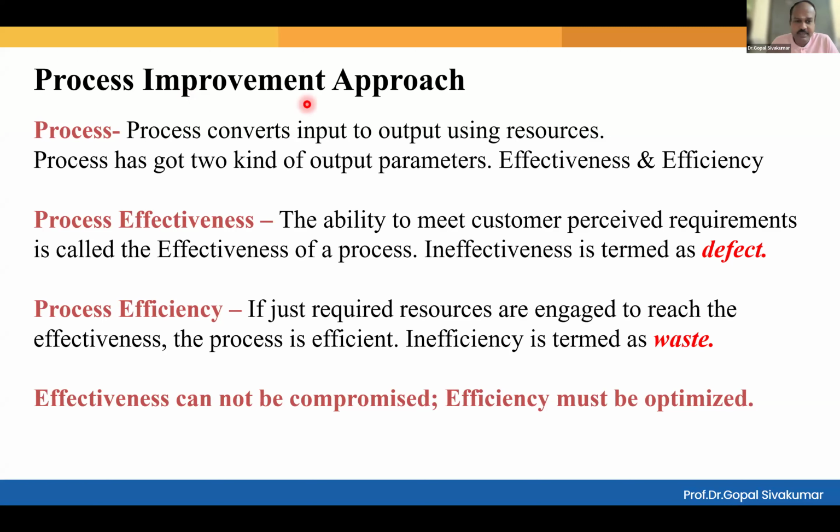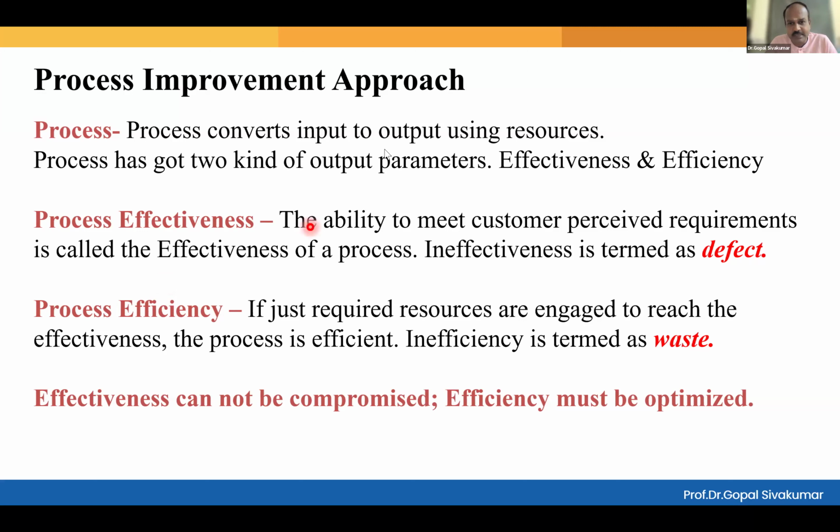So in process thinking, the definition about the effectiveness, the definition about the efficiency is very, very important. It is the ineffectiveness which causes defect. It is the inefficiency which causes the waste, isn't it? So Six Sigma will try to eliminate the defect and Lean will try to eliminate the waste.